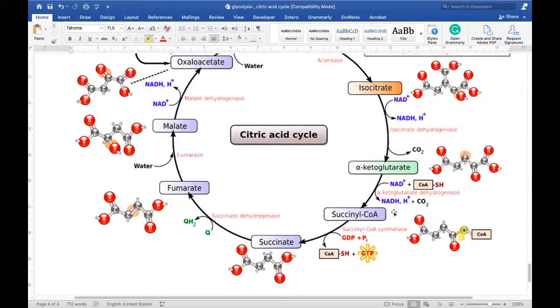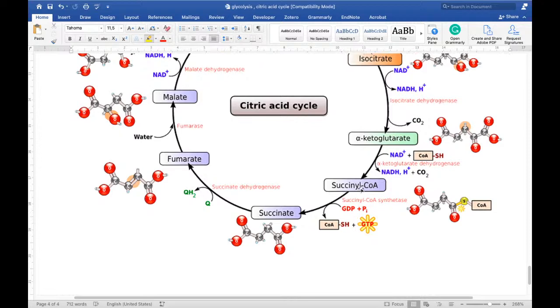Once the succinyl coenzyme A is produced, it will produce succinate in the presence of succinyl coenzyme A synthetase, where GDP, guanosine diphosphate, plus phosphate gives rise to GTP, and the coenzyme A is removed.